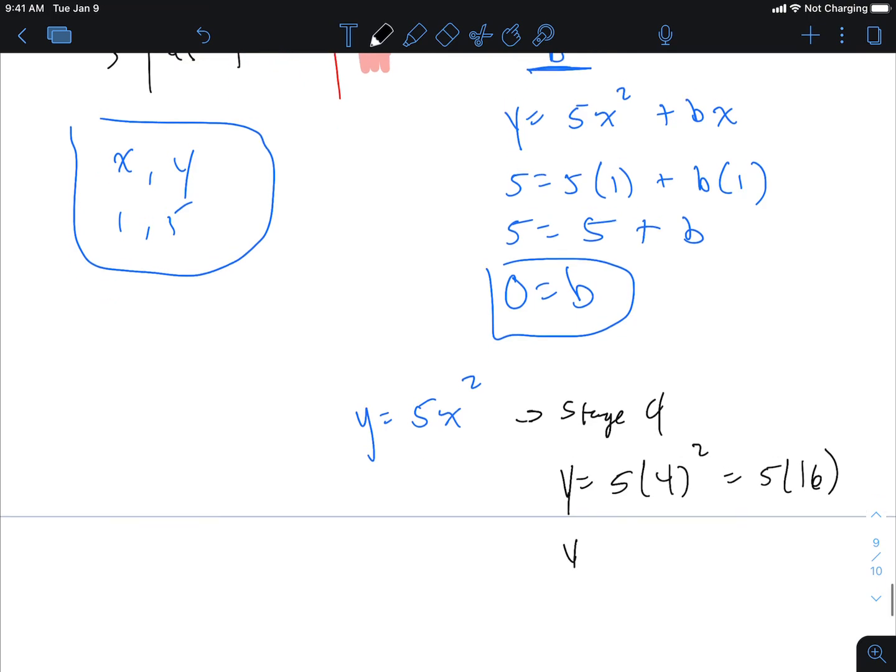Okay, so I should expect to see 80 boxes. How they're oriented might be a different question, right? You might have to strategically look at the pictures and draw them in a way that fits the pattern, but you know there has to be 80 boxes. Okay, does that make sense?